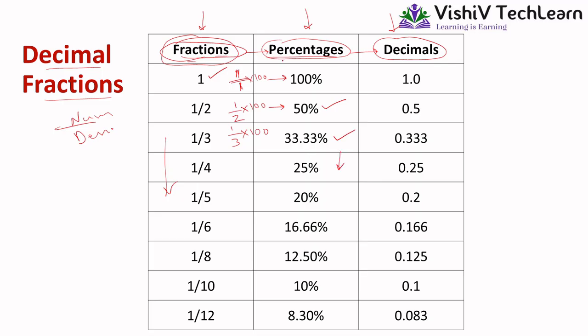So basically percentages are out of 100, the same fraction but out of 100. In case of fraction it is out of 1. Out of 1 it is 1, out of 1 it is 0.5, out of 1 it is 1 by 3 and so on. But these percentages are out of 100. Out of 100 it is 100%, out of 100 it is 50% and so on.